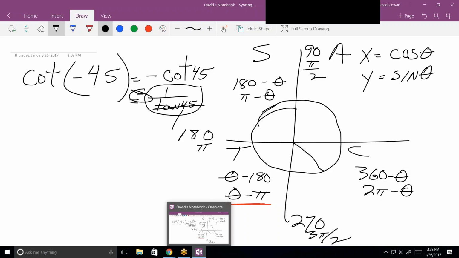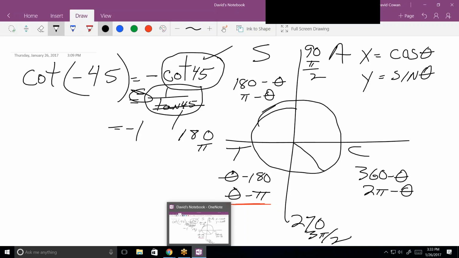So I immediately get -1 without ever bringing into play the 315 degree angle. All I have to know is that the cotangent of a negative angle is the same as the negative of the cotangent of the positive angle. Well, that positive angle is a first quadrant angle, and the cotangent of 45 degrees is 1. So -1 immediately.